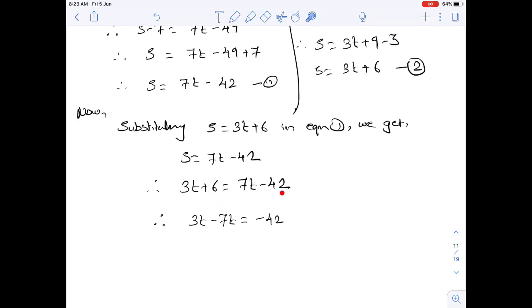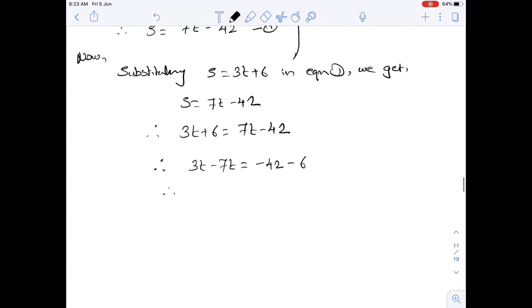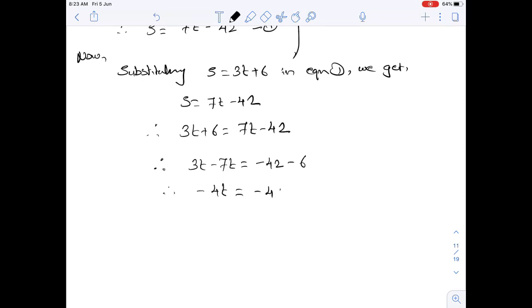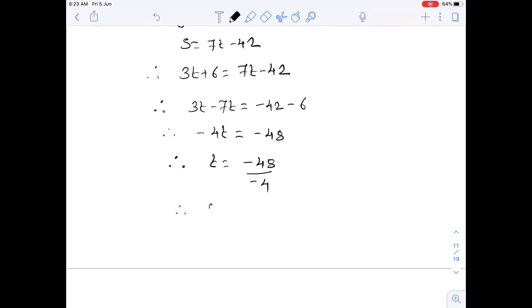If you change the side of this 6, it will become minus 6. Therefore you will get minus 4t equals minus 48. Therefore t equals minus 48 upon minus 4, therefore t equals 12.